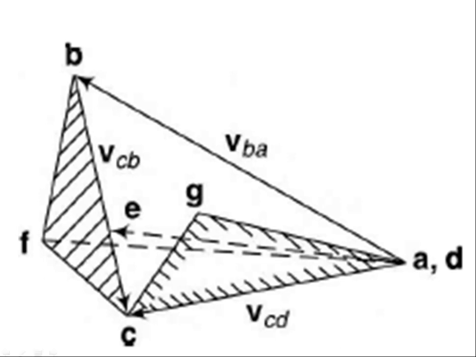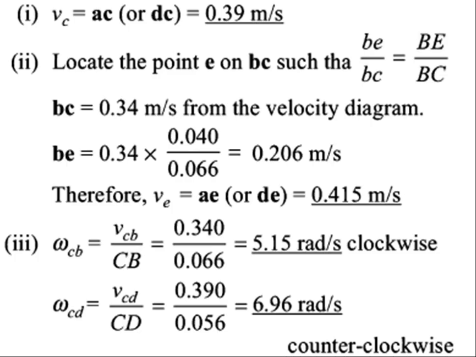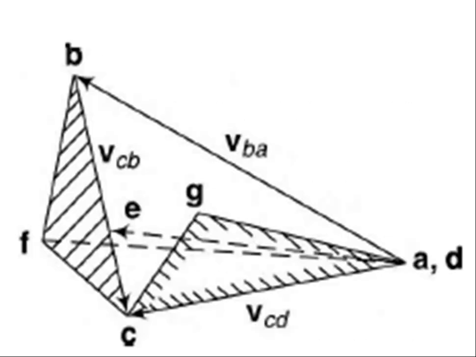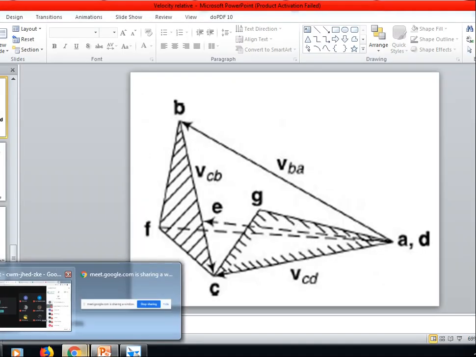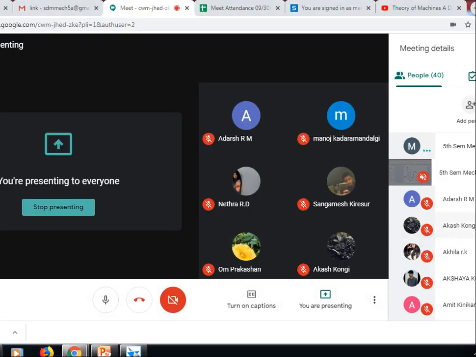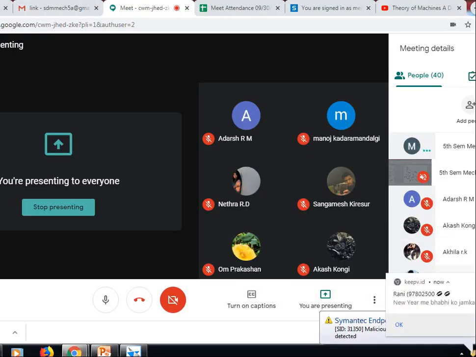Okay. Then on this b to c, take a length of 0.206, measure it, and trace a point E here.